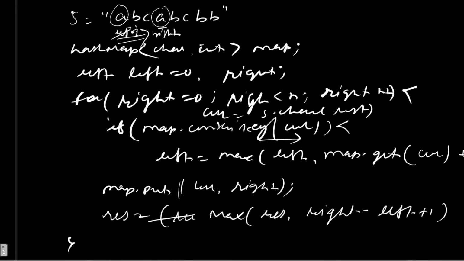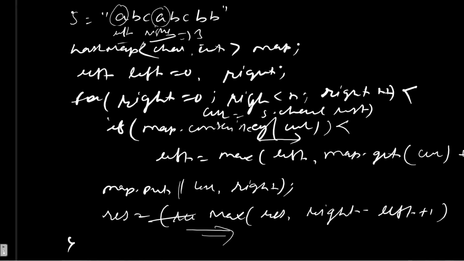Let's say left is this and right is this. The length of the substring is right minus left, that is 2, plus 1, which is equal to 3. We are updating our result with the maximum possible length. So this is the pseudocode.